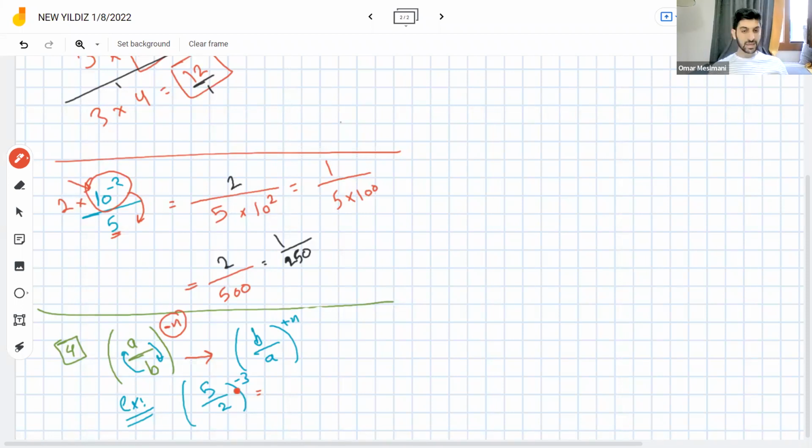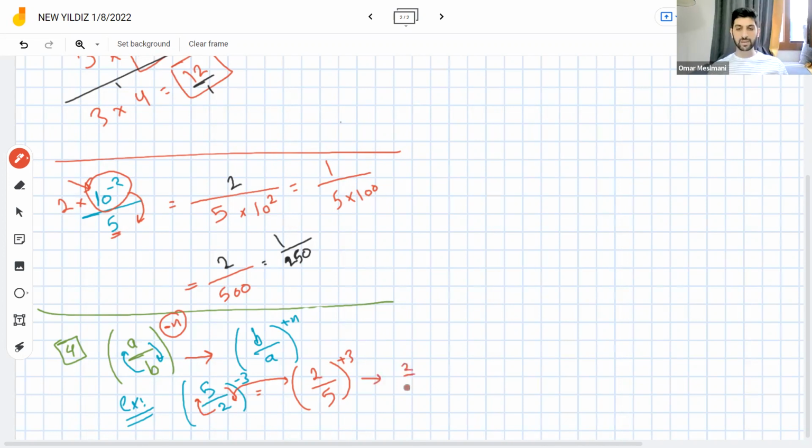Yes. So the power -3 is for the numerator and denominator. I just flip it. It's going to be 2 over 5 and the whole to the power of +3. You see what I did? I moved 2 up, I moved 5 down, and then I flipped and changed the sign. And now, what do I do next? 2 over 5 to the power of 3.